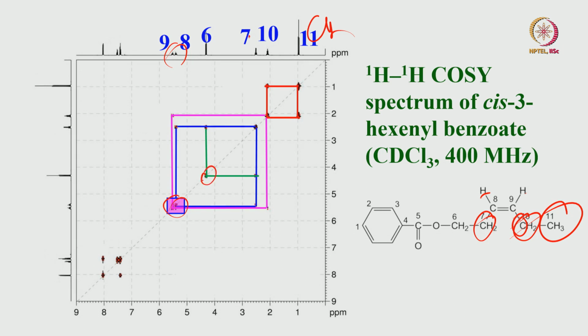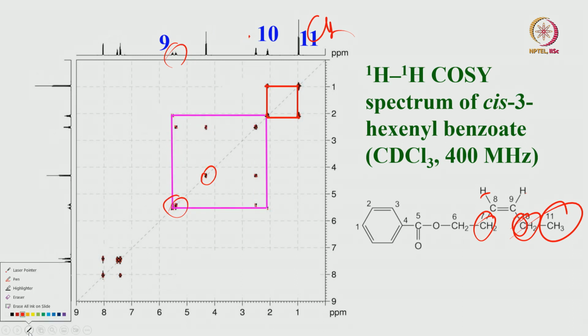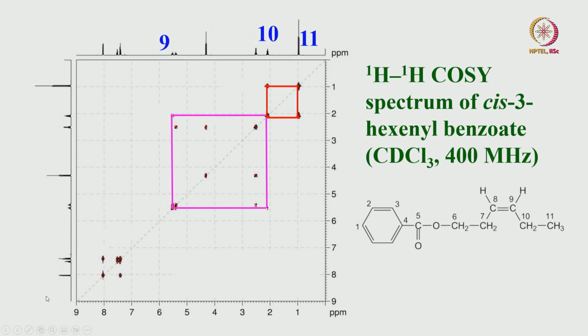And of course there is another diagonal here. If you look carefully, you don't get confused. We start with 10, 11, then 10 to 9, 9 to 8, 8 to 7. You complete this square, and from 7 we can complete another square.